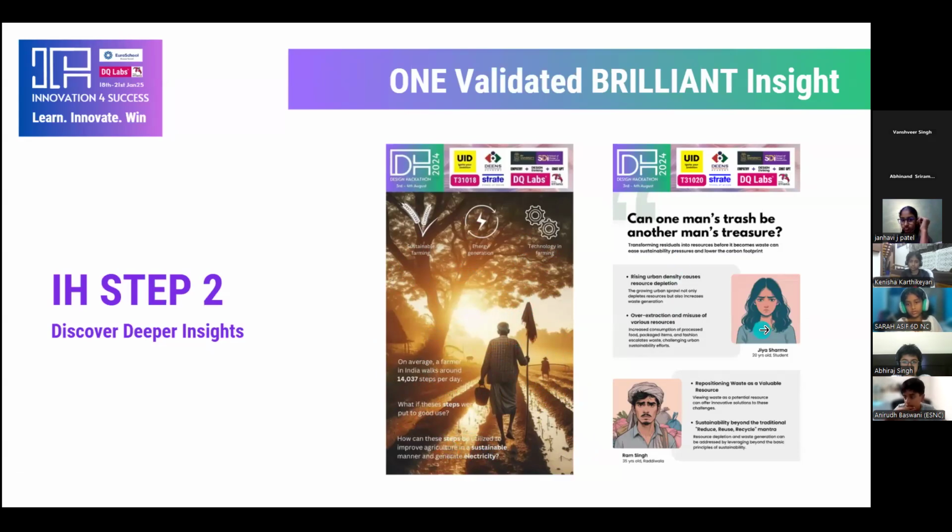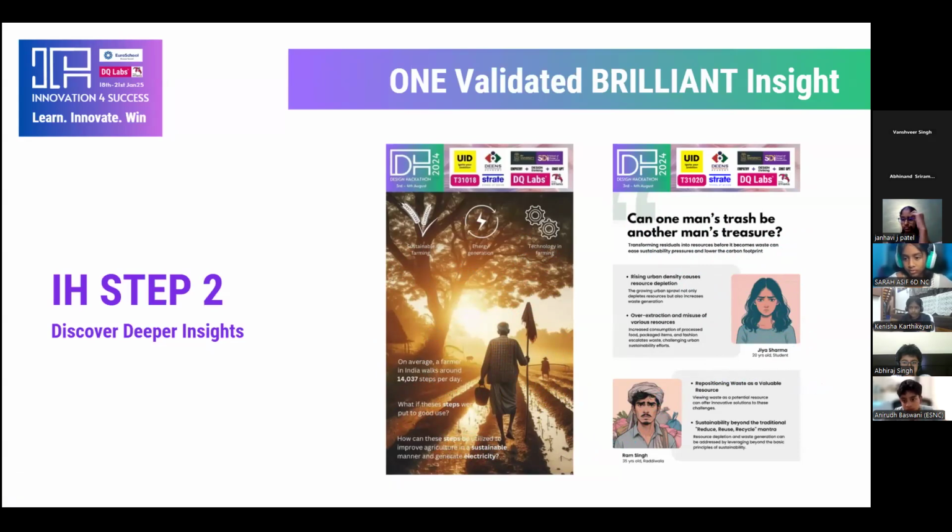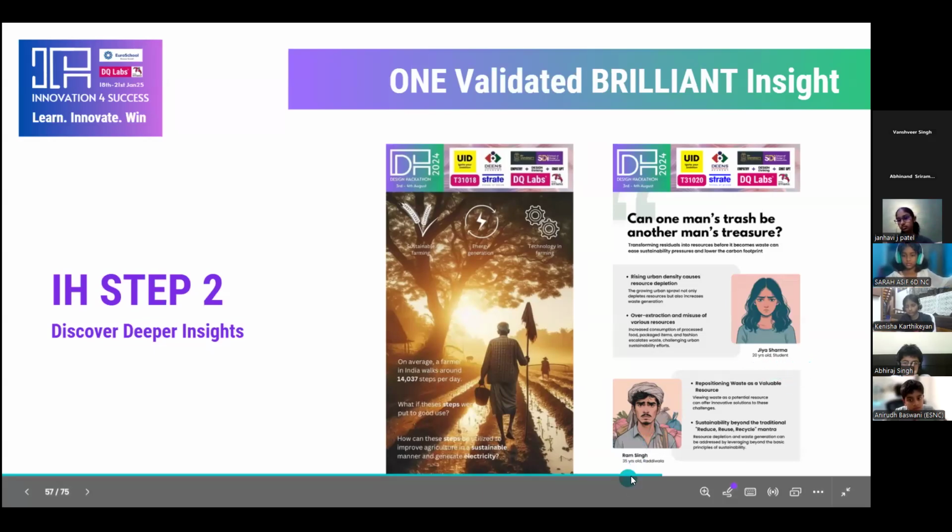And another example is the second one here, which says, can one man's trash be another man's treasure? So, here the student has created two user personas or two characters who are affected by this problem or who are the users. So here it says Jia Sharma, who is a 20-year-old student, and Ram Singh, who's 35 years old.